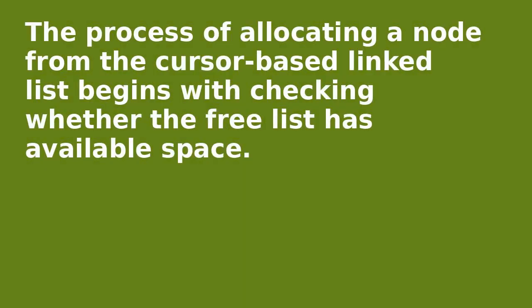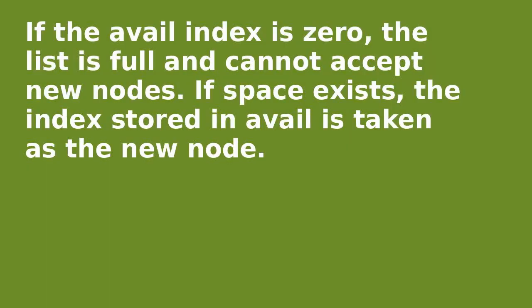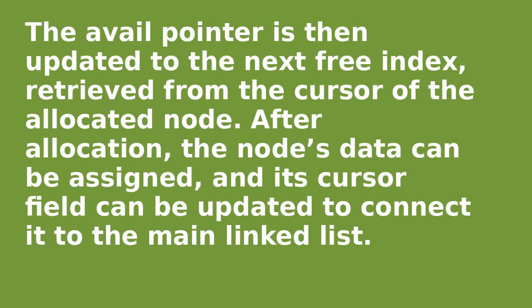The process of allocating a node from the cursor-based linked list begins with checking whether the free list has available space. If the avail index is 0, the list is full and cannot accept new nodes. If space exists, the index stored in avail is taken as the new node. The avail pointer is then updated to the next free index, retrieved from the cursor of the allocated node.